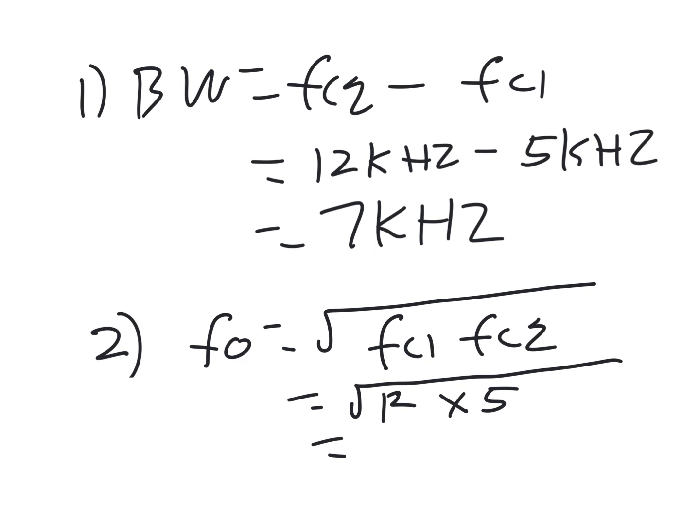Because both frequencies are in kilohertz, you can just drop the units because the answer is going to be in kilohertz. So it's the square root of 12 times 5, which is 7.75 kilohertz.